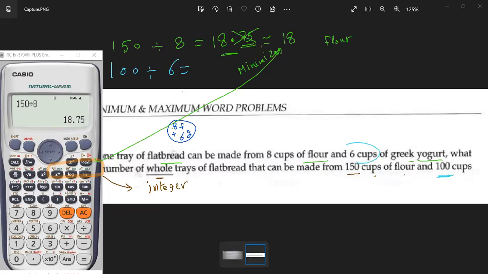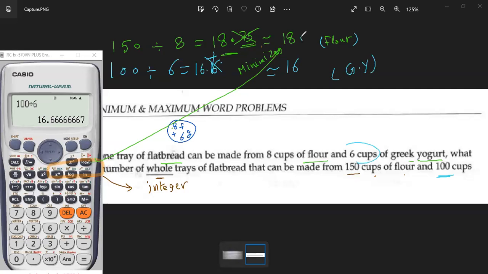So 100 divided by 6 equals 16 and 2 thirds, 16.666. No need to approximate. This amount will make only 16 flatbreads. One result is from flour, and the other one is from Greek yogurt.